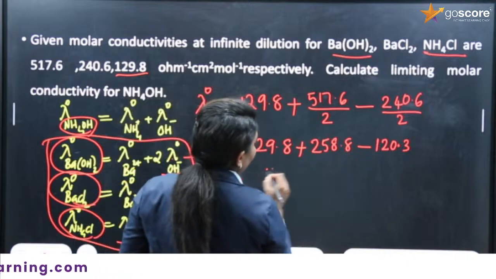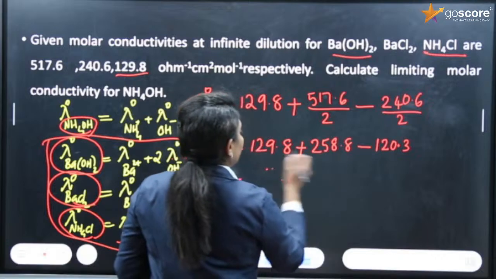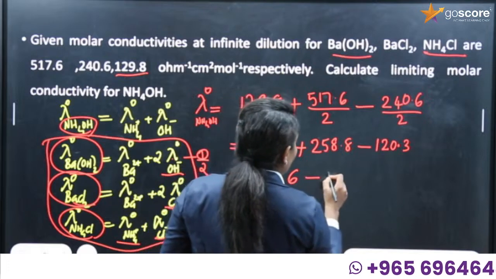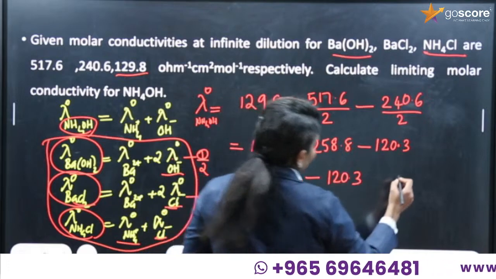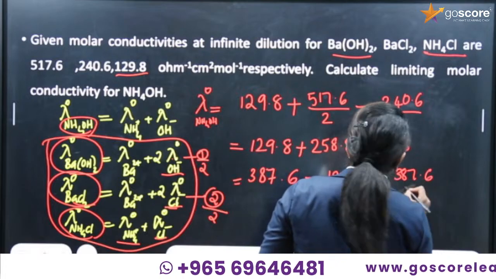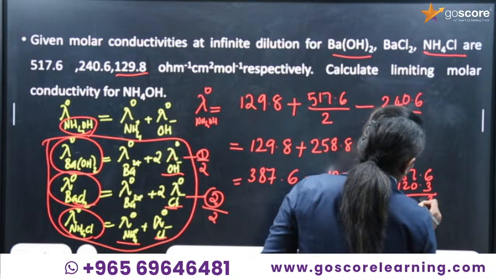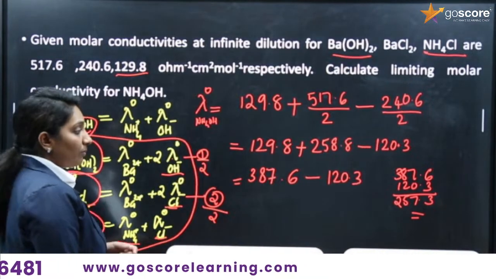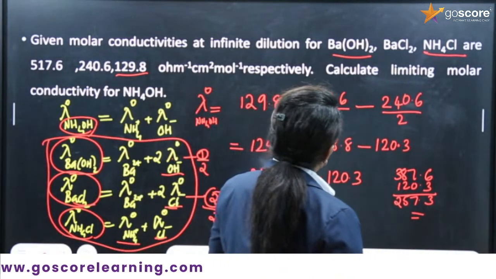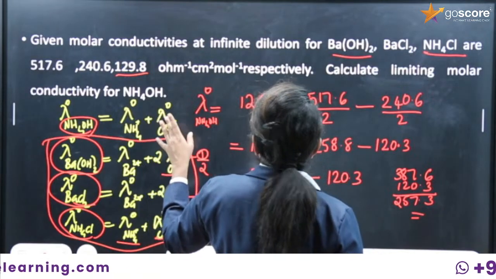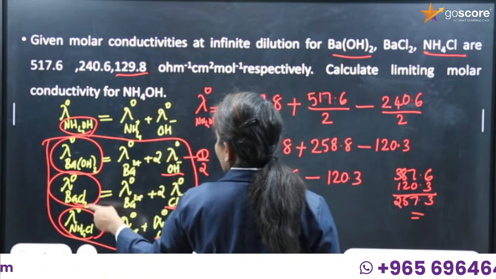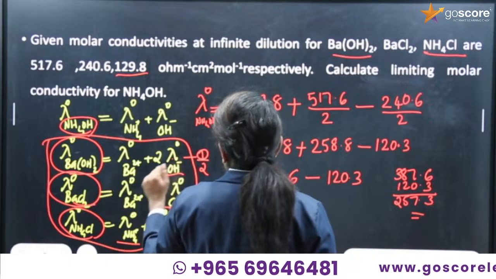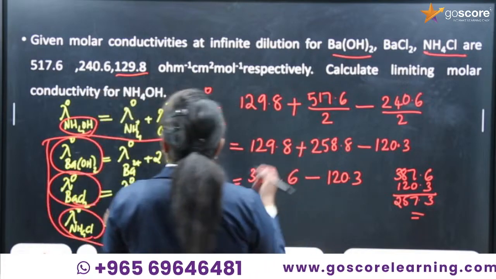So what you will get here? 387 minus 120.3. So here, everything is right? 517 for barium hydroxide, have taken barium hydroxide, but this is not okay.